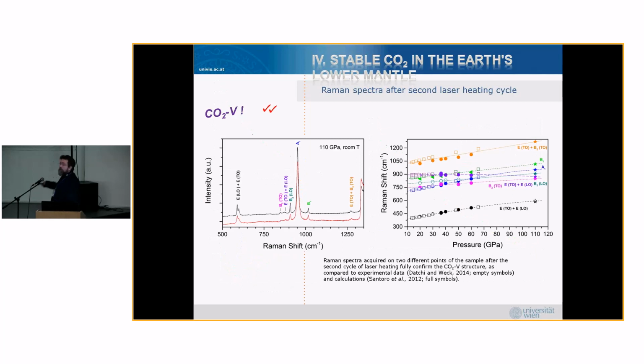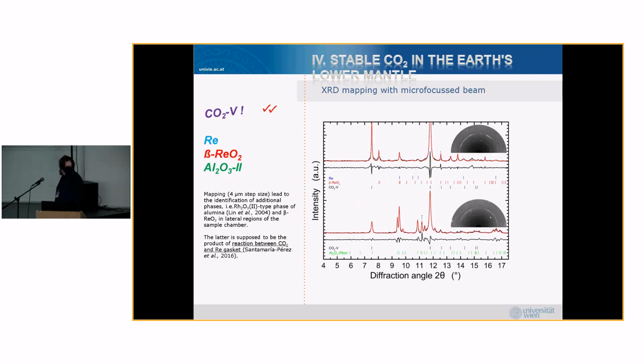And even going back after the experiment at home and measuring the Raman spectra, the modes were exactly what you would expect from what has been reported in the past. So it means we have seen the CO2 come again.